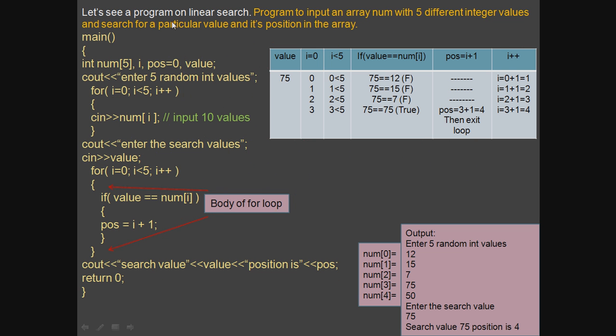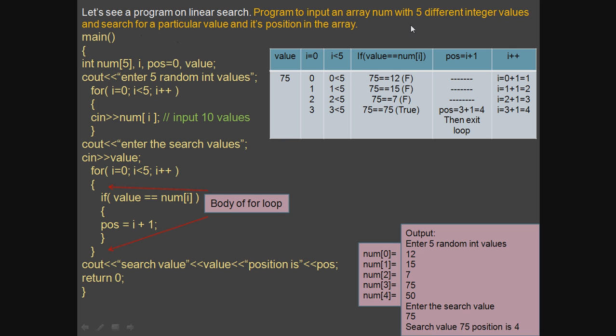Now let's see a program on linear search so as to make you understand much better. The program is to input an array with 5 different integer values. Here we have an array named num. We input an array num with 5 random integer values and search for a particular value.